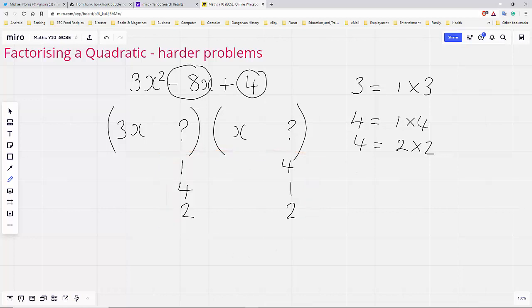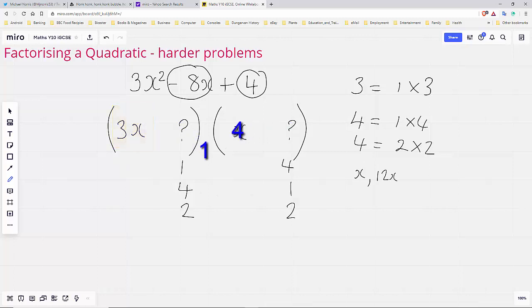So let's imagine we take the option of using the 1 and the 4. So 1 goes in this slot here and 4 goes in this slot here. When we come to multiply through, the 1 will be multiplying the x, so I'll get 1x, or just x. And then the 4 in this slot will multiply by the 3, and I'll get 12x.